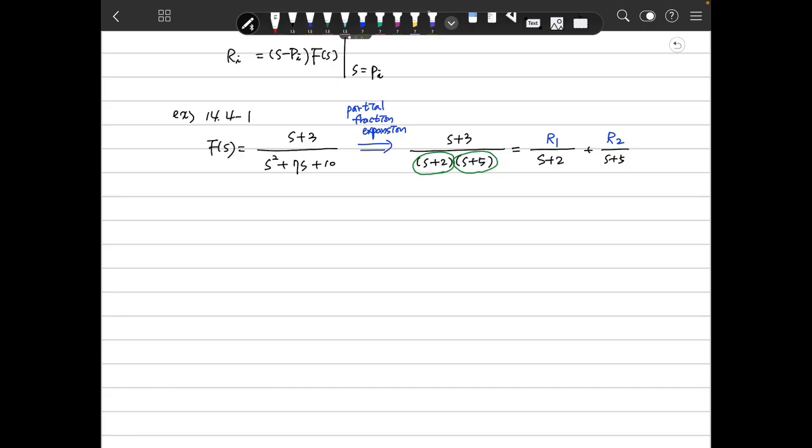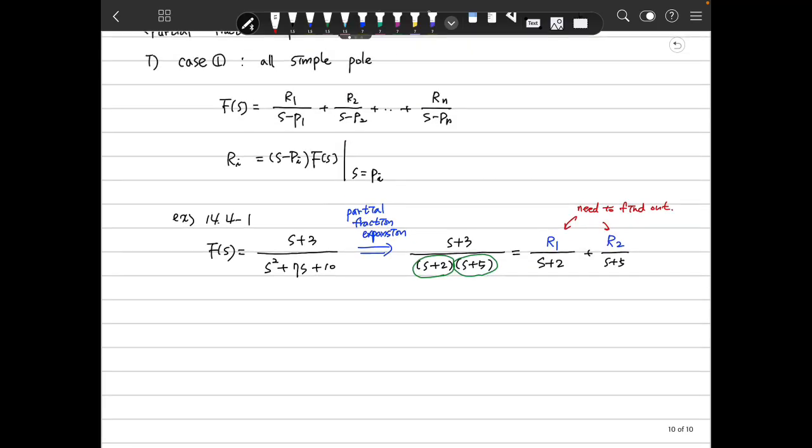We need to find out these two variables. That's why we make this equation. This is how to get R_i in this case.